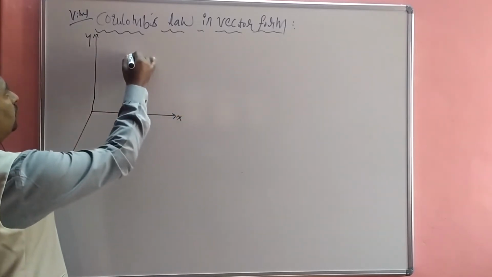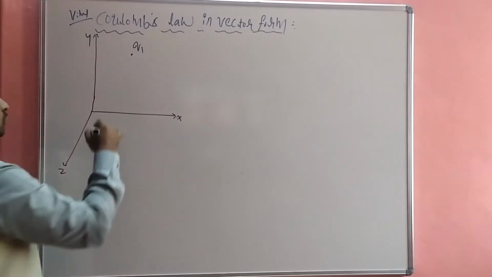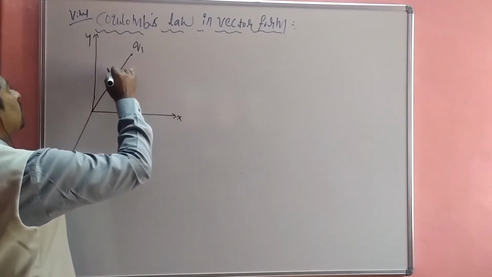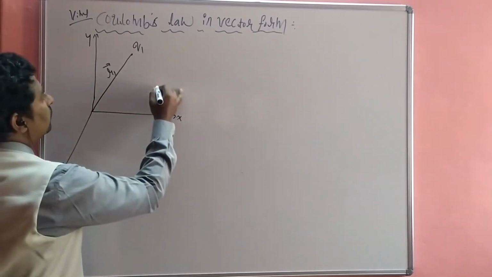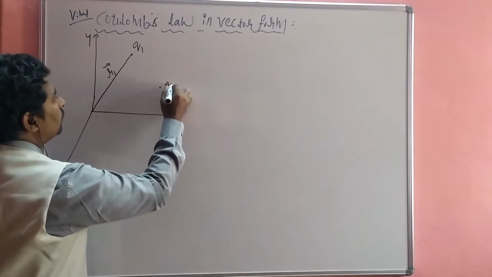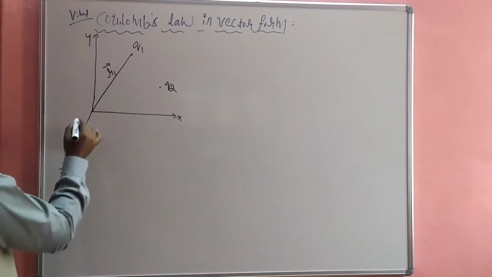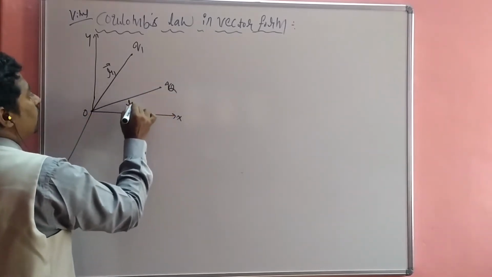The charge Q1 is placed with the position vector R1 vector. Another charge Q2 is placed with the position from the origin R2 vector.